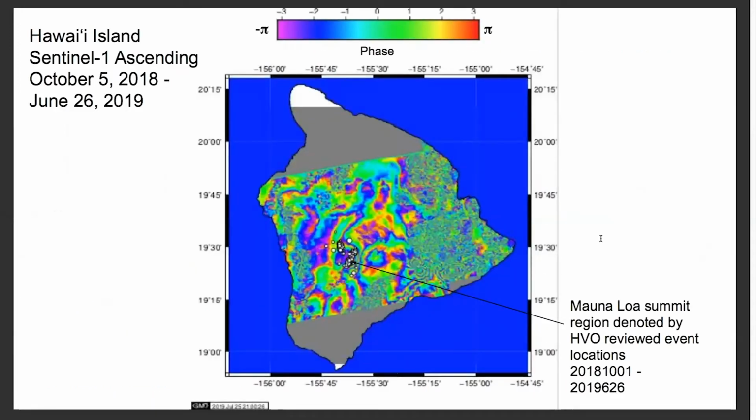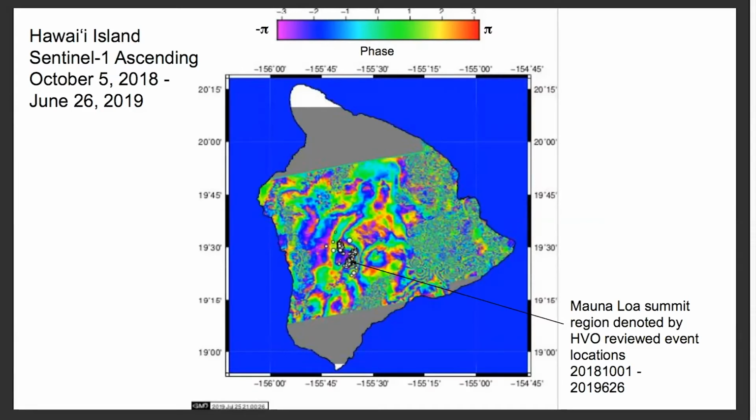So here's a Sentinel-1 ascending interferogram over Hawaii Island from October of 2018 to June of 2019. And I was recommended to look at this larger time frame to catch the deformation that should be visible in the InSAR. The seismicity is plotted, and that's current seismicity over the past year.